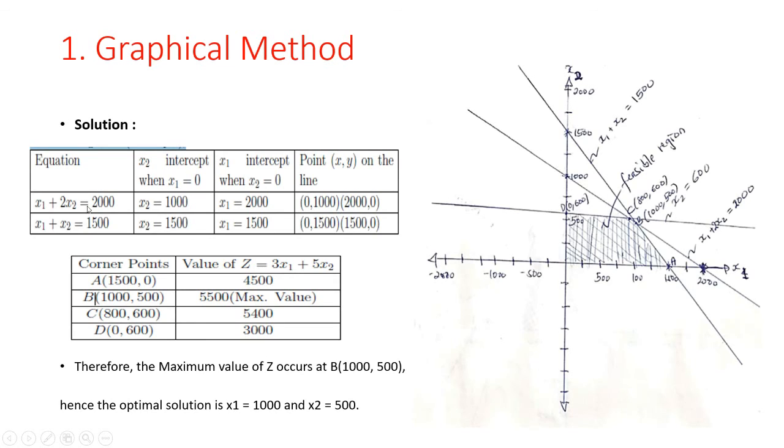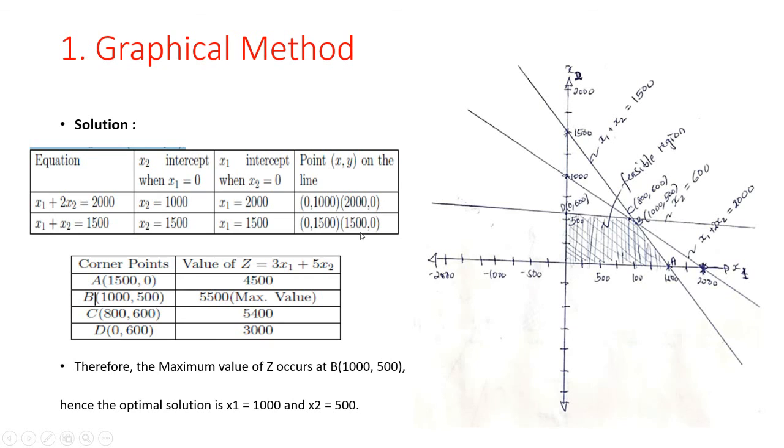If we consider x1 equal to 0 for the first equation, the value of x2 becomes 1000, and for the x1 intercept, when x2 is equal to 0, x1 becomes 2000. So the points (x, y) on the line become (0, 1000) and (2000, 0).